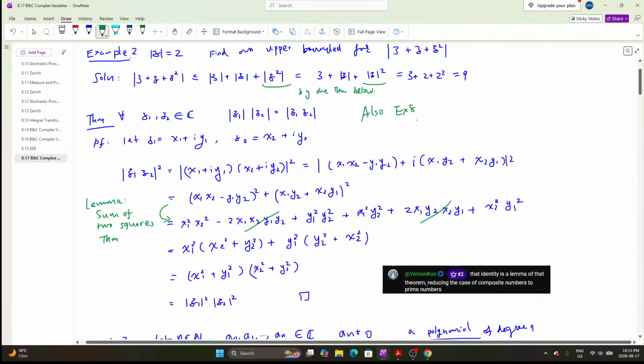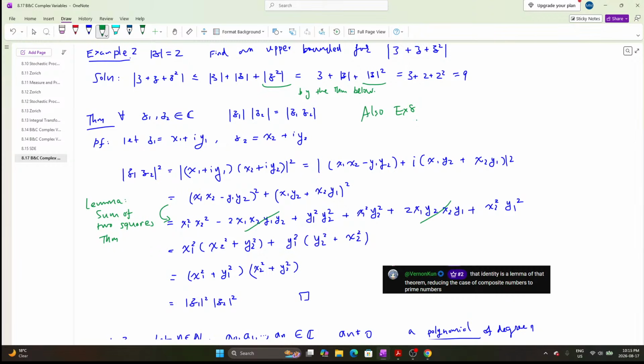And Vernon this morning mentioned that it has something to do with number theory as well. So basically, the verification isn't difficult, but in the process, we obtain an interesting identity.